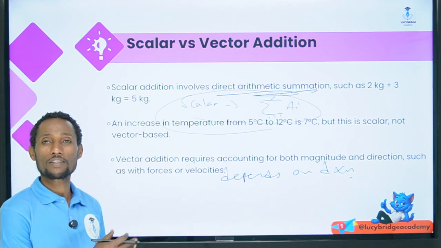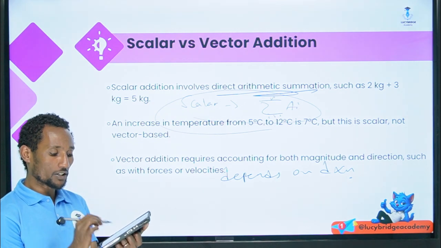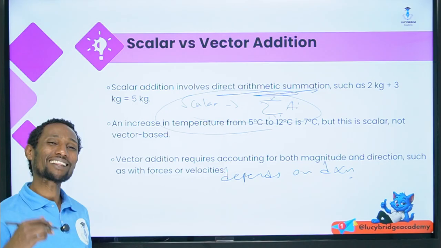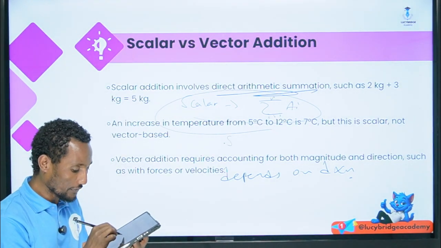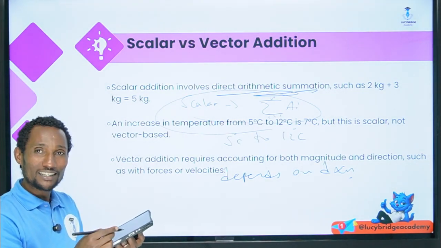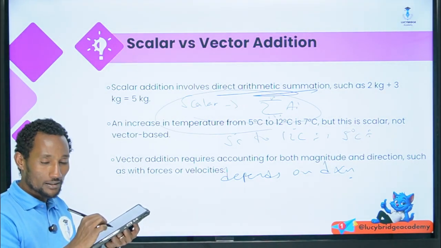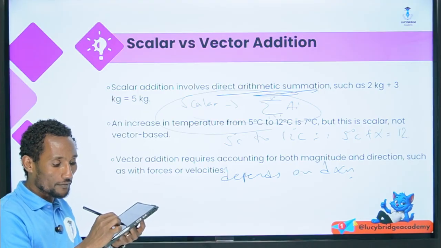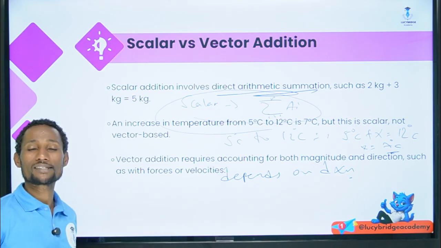With scalar quantities, for example, the increase in temperature from 5 degrees Celsius to 12 degrees Celsius: the increase is 5 degrees Celsius plus how much to get 12 degrees Celsius? Call it X. Then X results in 7 degrees Celsius.